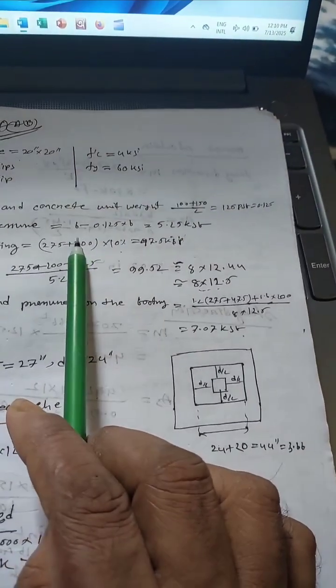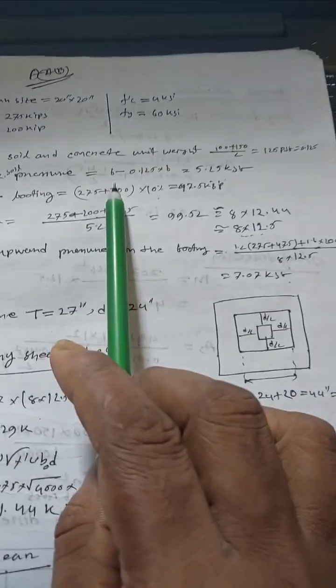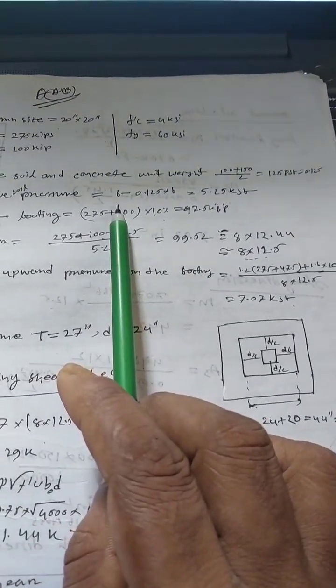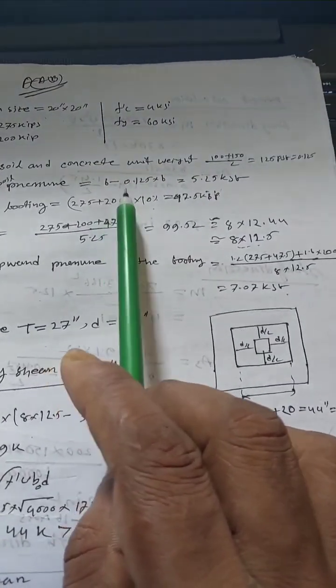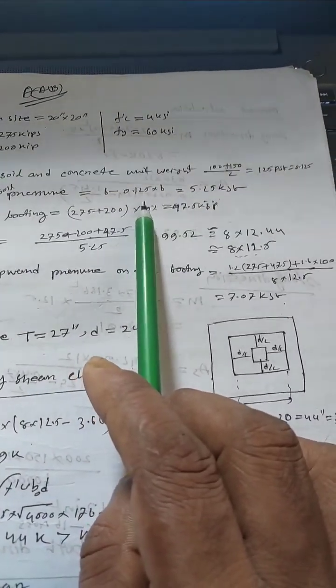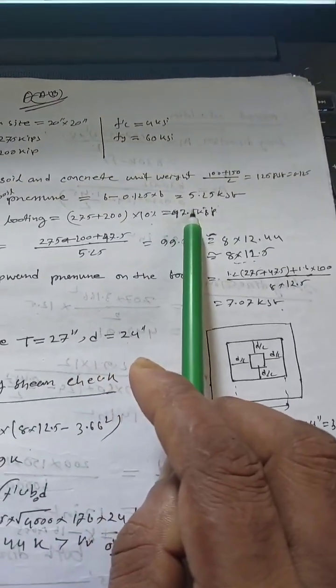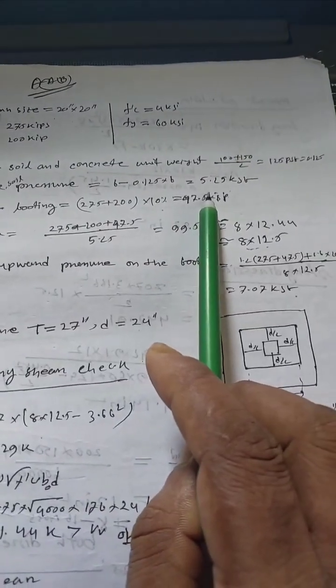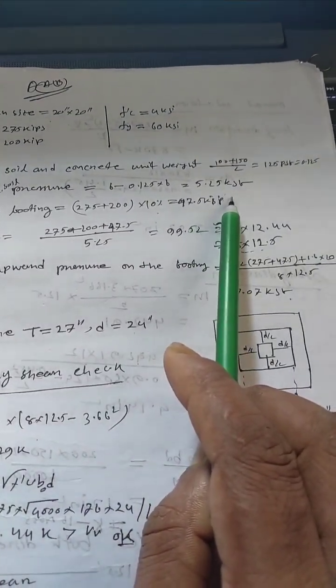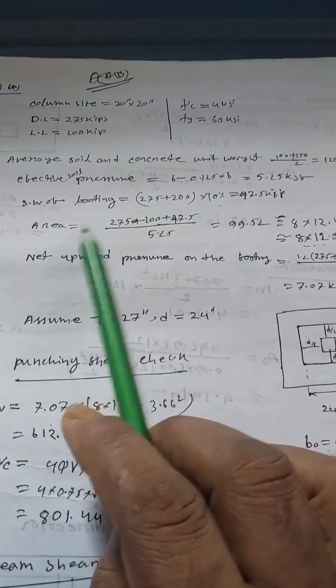The base is given 6 feet below the ground, so we subtract 0.125 into 6 from 6. So effective soil pressure is 5.25 ksf.